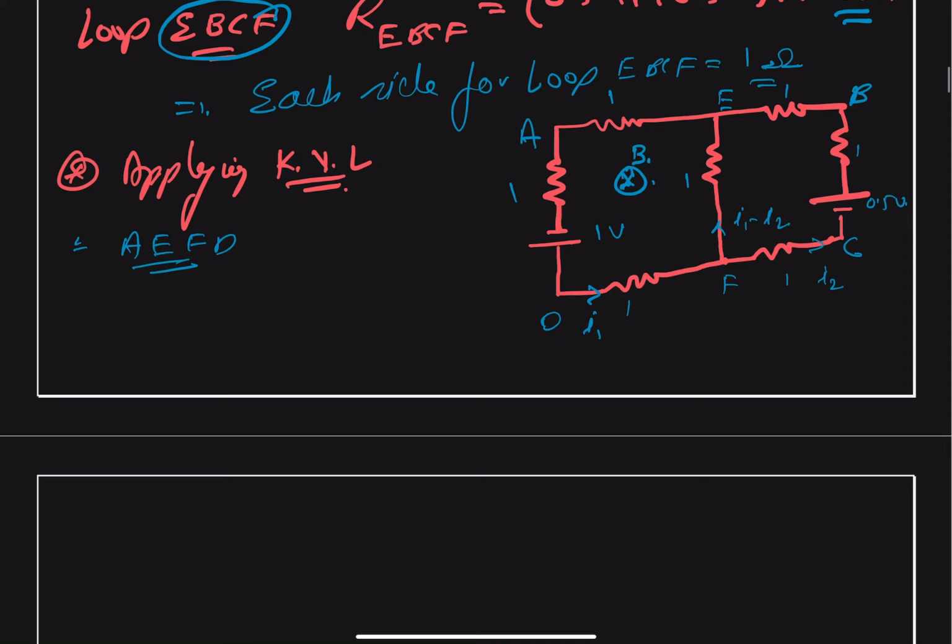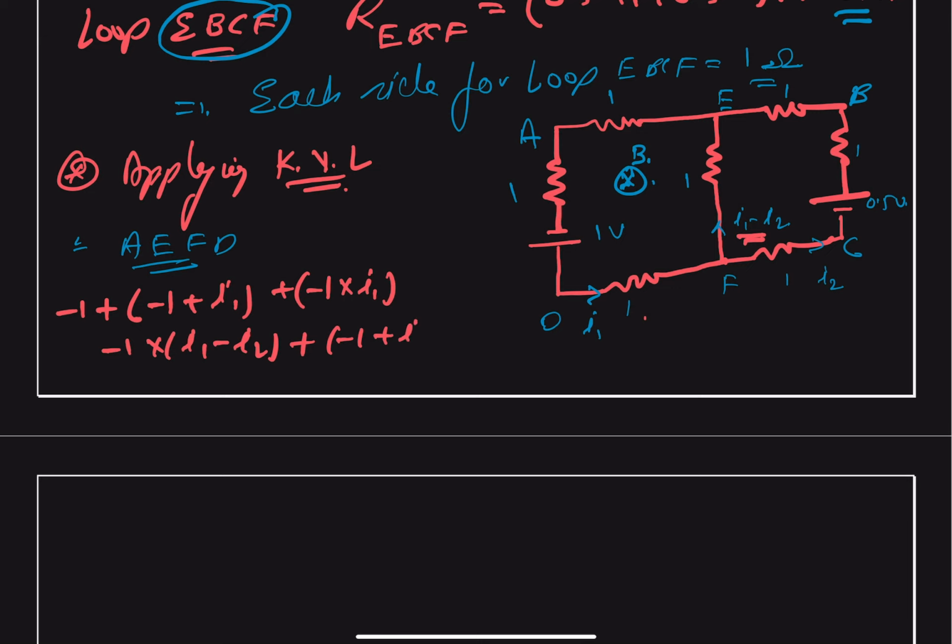In this case, we can write minus 1 multiplied by I1, minus 1 multiplied by I1, and in this loop we have current I1 minus I2, so this comes as minus 1 into I1 minus I2, and then we come here, minus 1 multiplied by I1 is equal to 0.